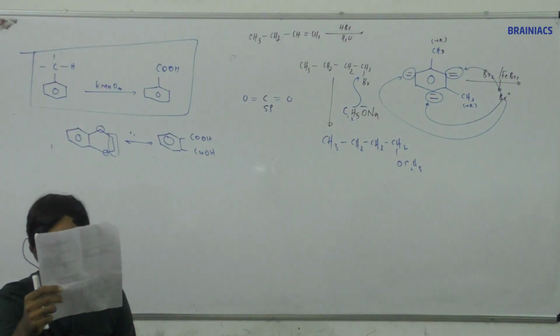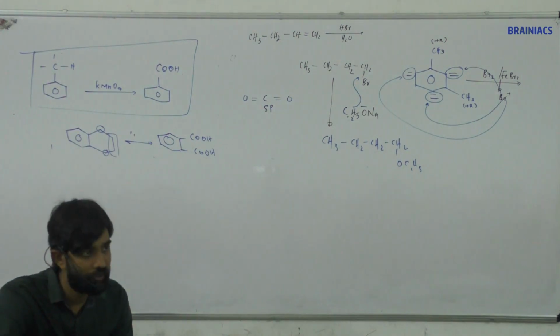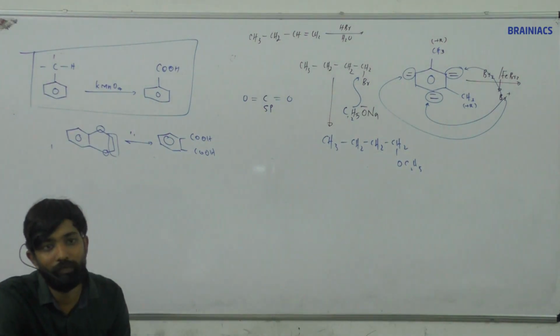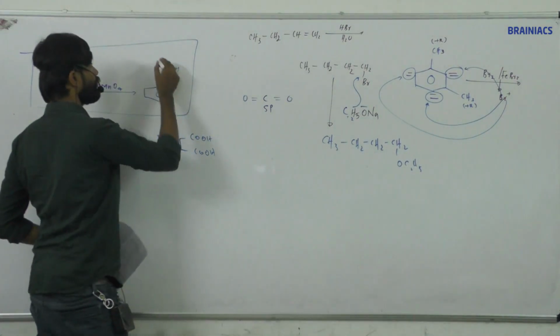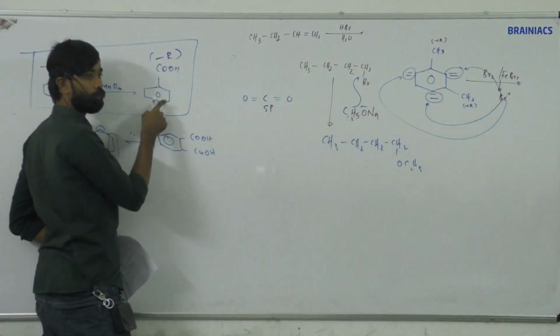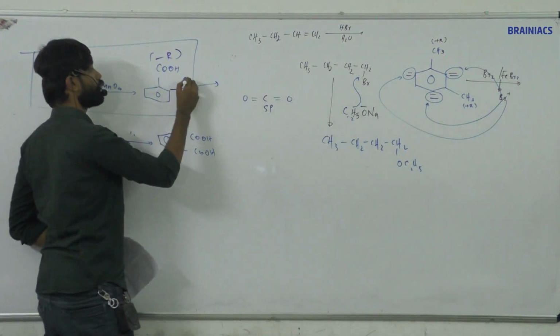So side chain oxidation is actually here, because benzene has benzylic hydrogen. So the B is benzoic acid. Benzoic acid is a minus R molecule; COOH is a minus R group, right? So on bromination, what happens?